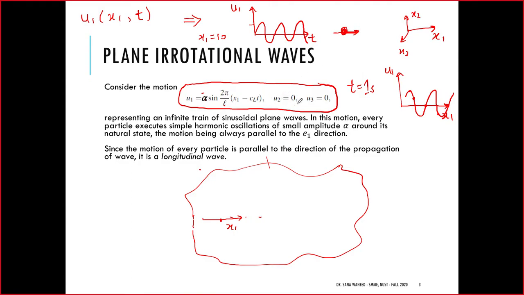See, u2 is 0, इसलिए उनकी कोई upwards oscillation नहीं है, उनकी सिर्फ oscillation है ही उस direction में in which direction the wave is traveling, and that is why this type of wave is also known as a longitudinal wave. Now this leads us back to our school days. I think we all know an example of a longitudinal wave, which are sound waves.